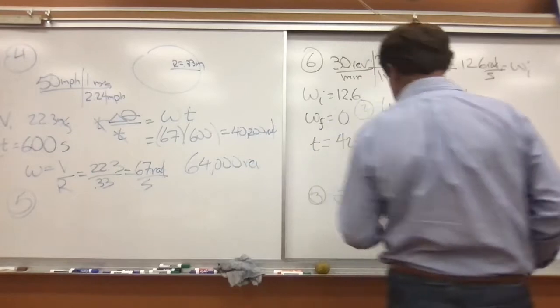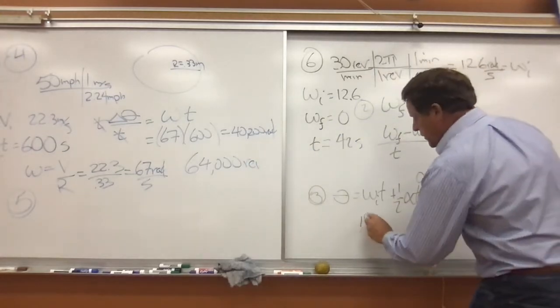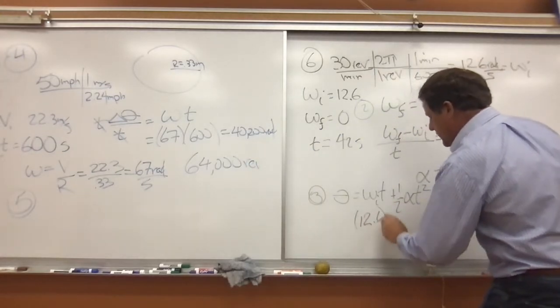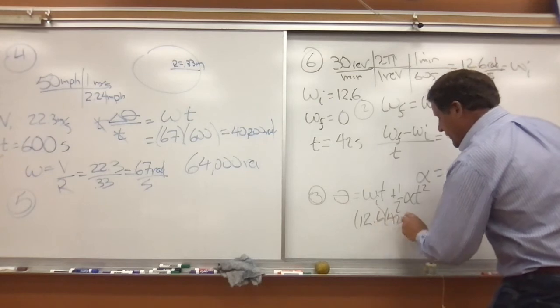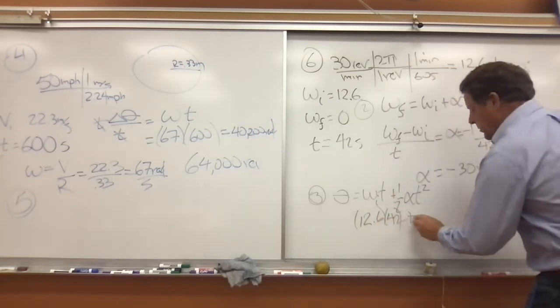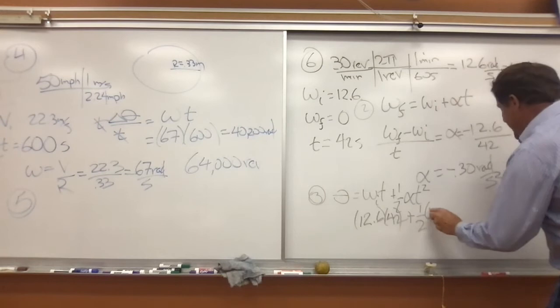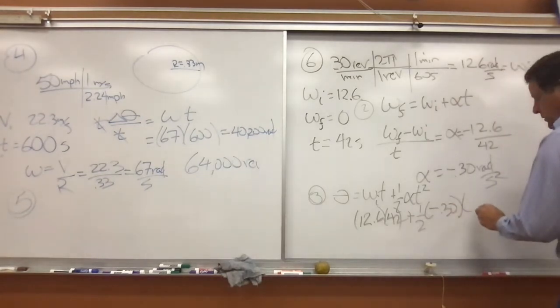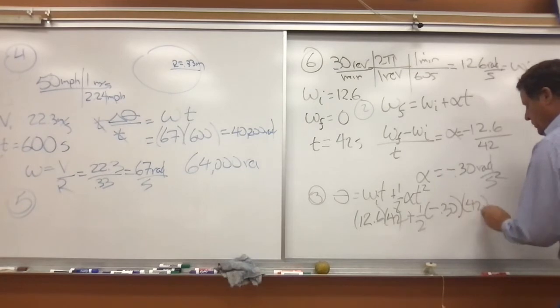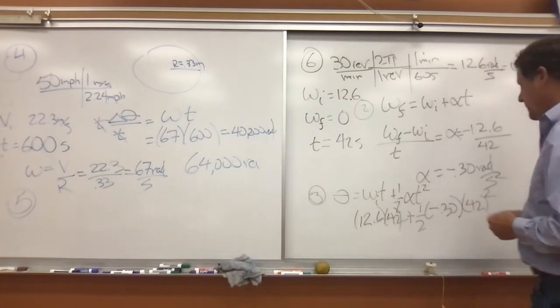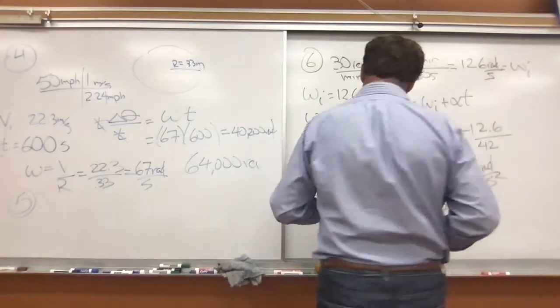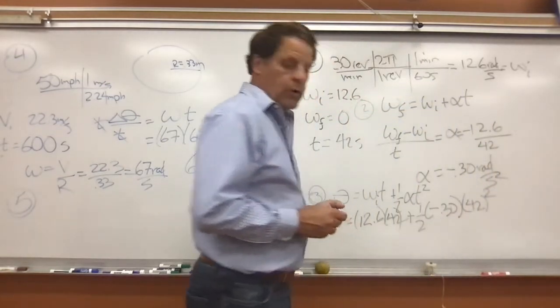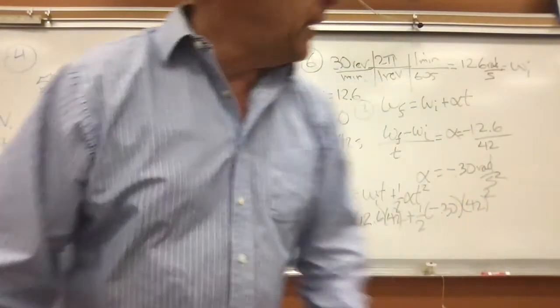So we're going to have 12.6 times 42 seconds, plus 1/2 of negative 0.3 times 42 squared, and that is going to equal our theta.